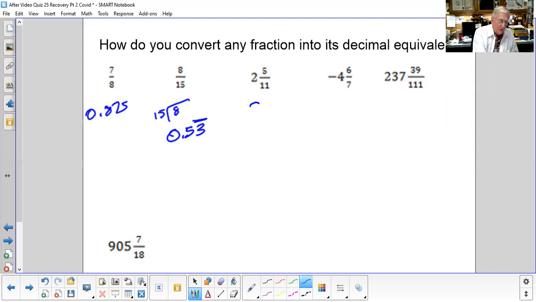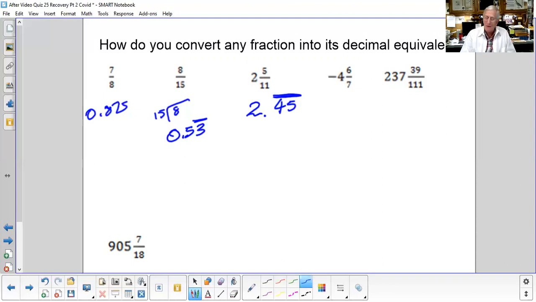Just remember you can put the 2 down there, right? Now you divide 5 by 11. So take 5 divided by 11. And when you do, you get 4, 5, 4, 5, 4, 5, 4, 5 forever. So it's 0.45 bar, okay?